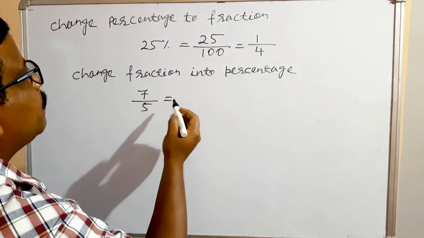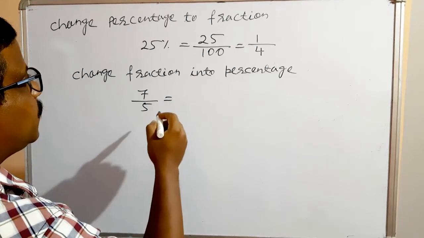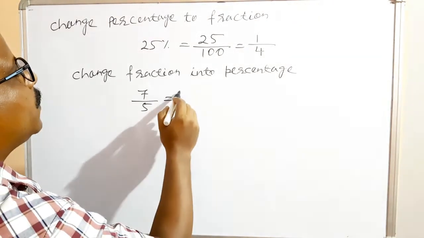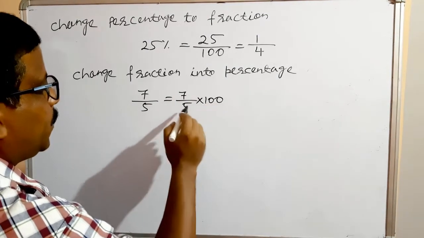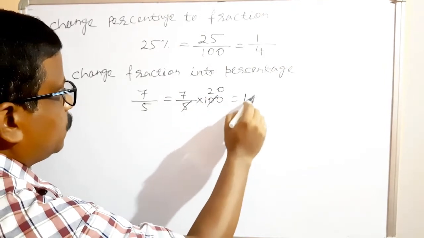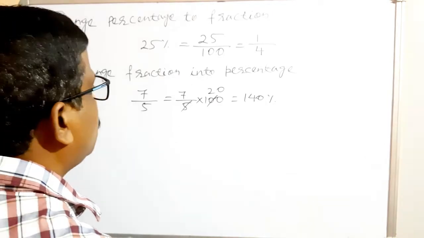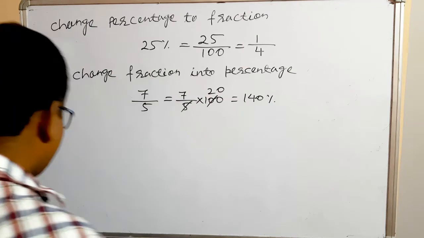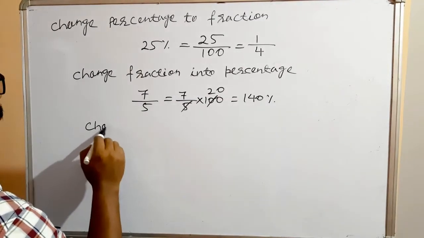You multiply it by 100. If you are converting percentage into fraction, divide by 100. If you are converting fraction into percentage, then you multiply by 100. 7 by 5 into 100, cancel, 20. 7 into 20 is 140%. Understood? Clear?